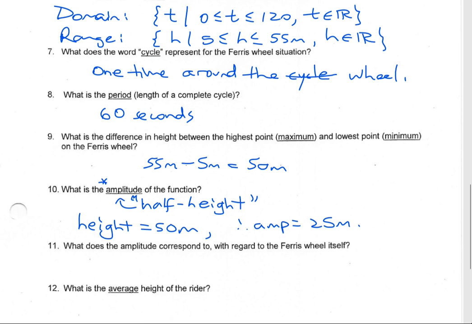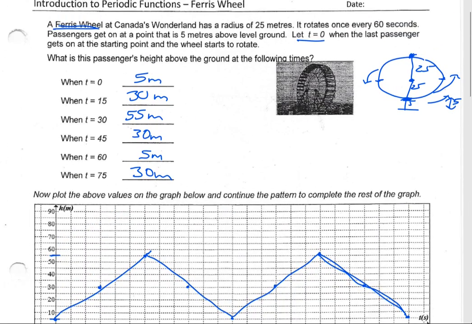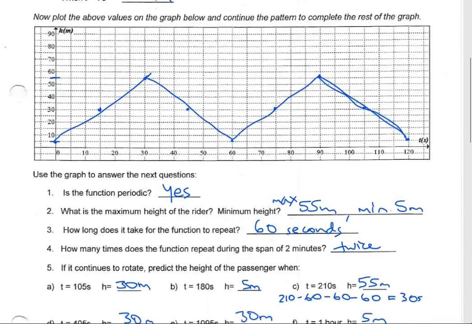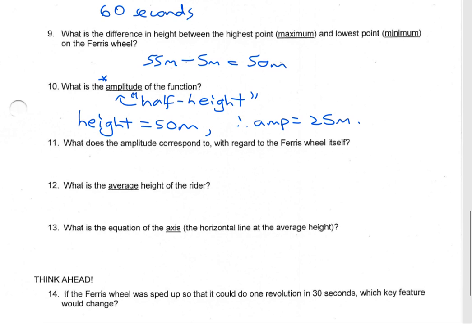And what does the amplitude correspond to with regard to the Ferris wheel itself? What was 25 meters? Where did we see 25 meters? Sorry for the bell. So what was 25 meters? That was the radius of the wheel. So this is the radius of the wheel.